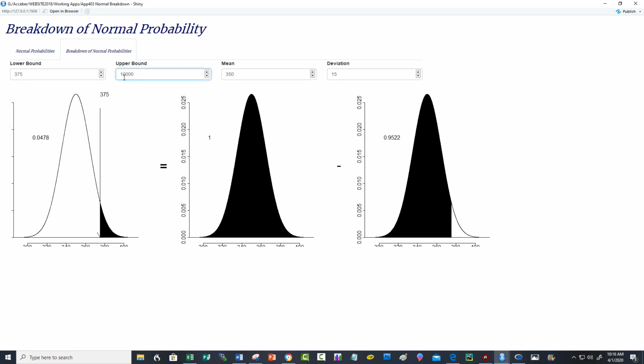That's good enough. So here's what it's telling me to do. If I want this, then I'll take the whole graph, which has an area of 1, minus the area to the left, and I will see that there's a 4.78% chance that this rope might hold more than 375 pounds. We could also figure out what is the maximum value likely by going backwards, but we'll do that another day.